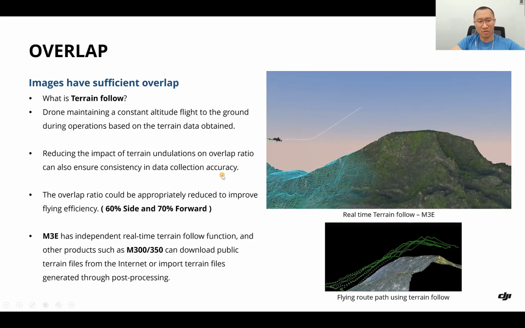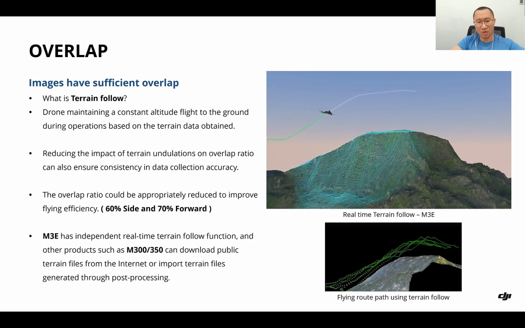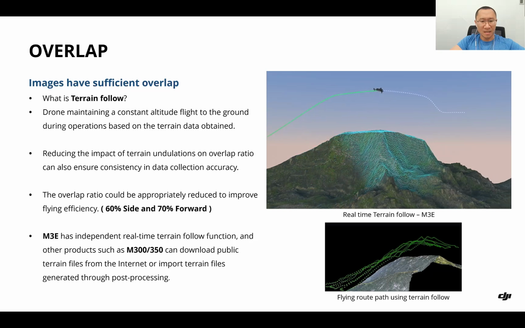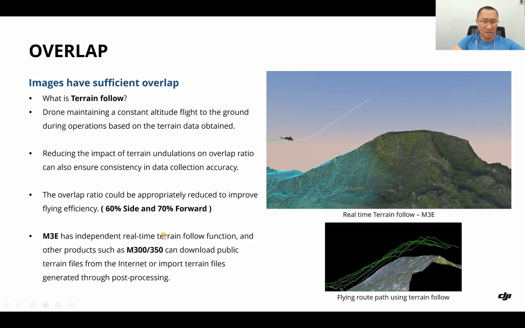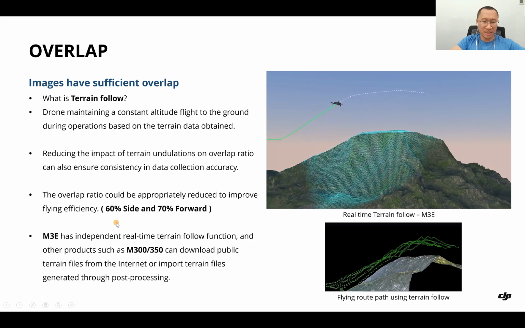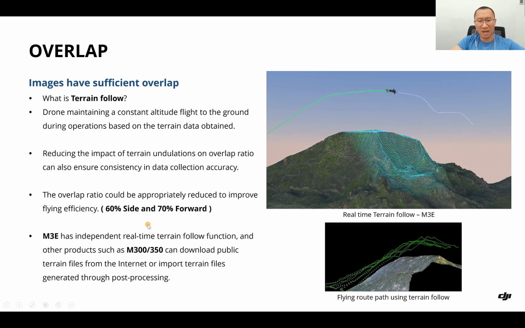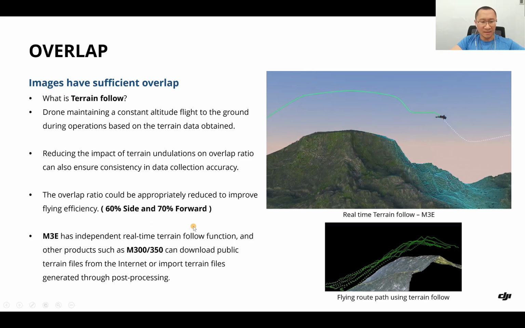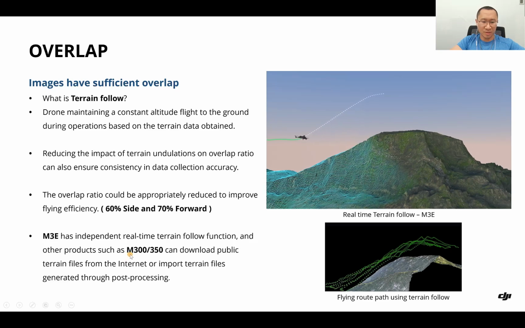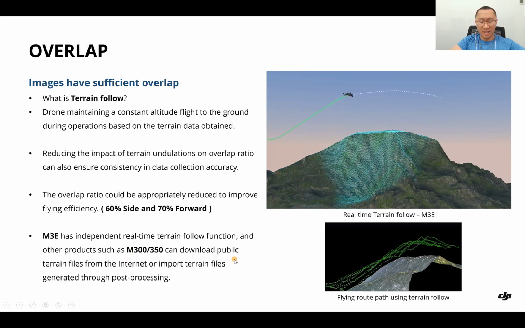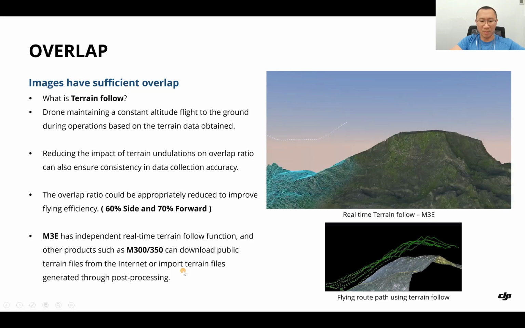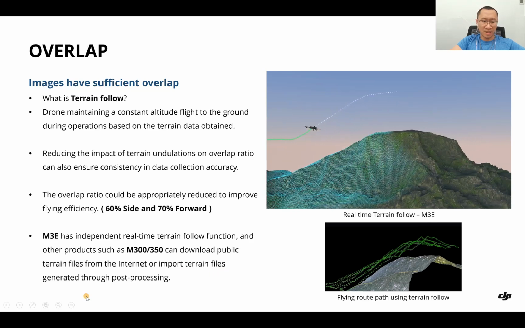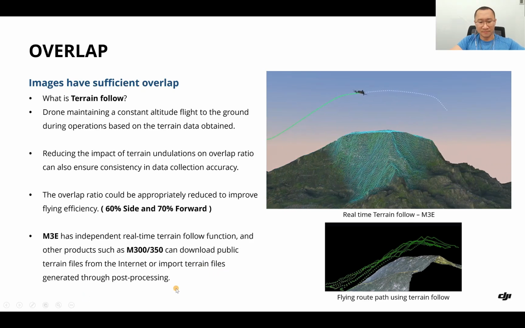The overlap ratios can also be reduced appropriately to improve flying efficiency. The DJI Mavic 3 has an independent real-time terrain follow function, and for other products such as M300 and M350, you can download public terrain files from the internet, or import terrain files generated by post-processing.